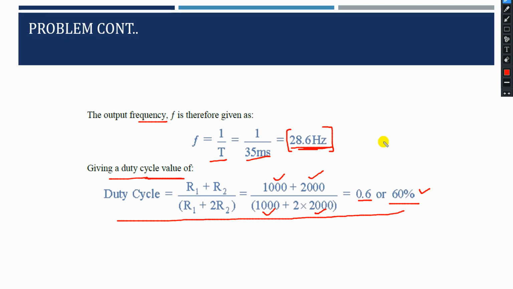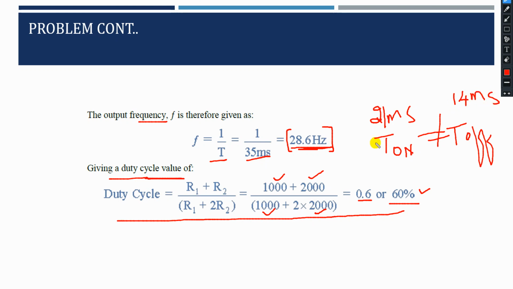That's what we saw in the previous slide: T1 was 21 milliseconds and T off was 14 milliseconds, which is 35 milliseconds in total. So this is not equal, and that is the reason. So this is how we find the frequency and duty cycle. Understood? Okay.